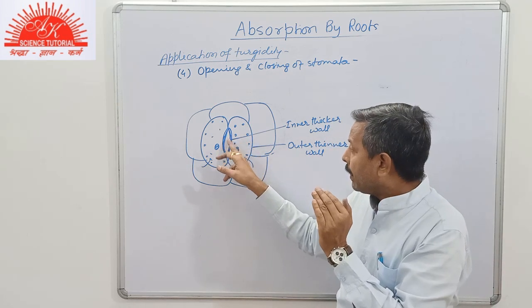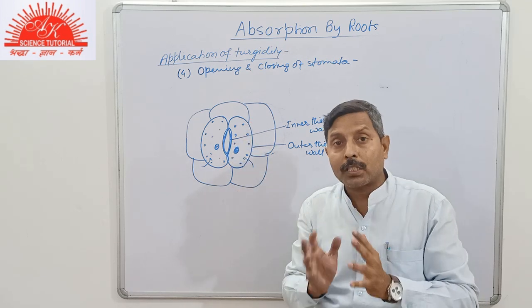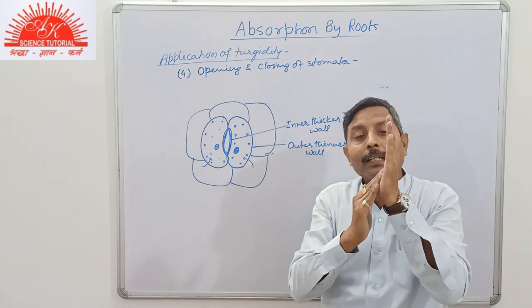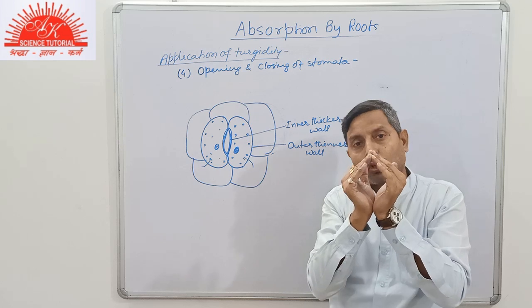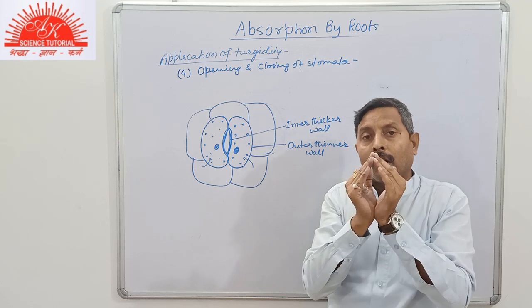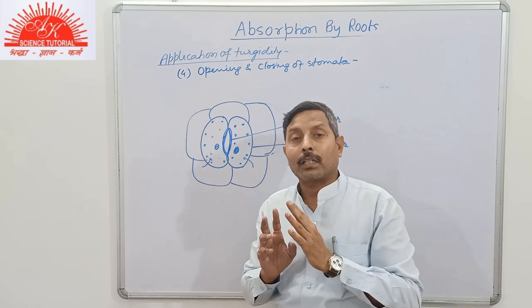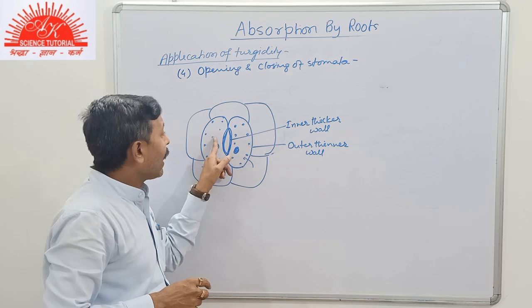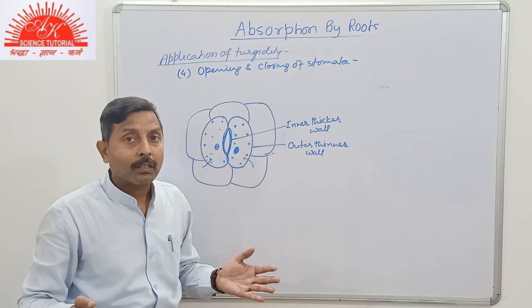Since there is an inner thicker wall and an outer thin wall, when the guard cell becomes turgid, due to the turgor pressure, the inner thicker wall bulges outward. This is the opening of the stomata. Now during the night, when photosynthesis stops, the glucose from the guard cells is translocated to other parts.